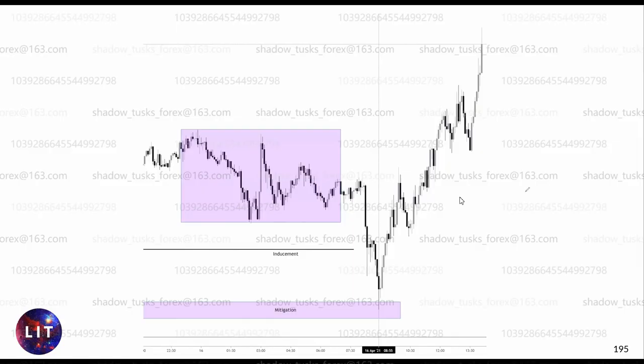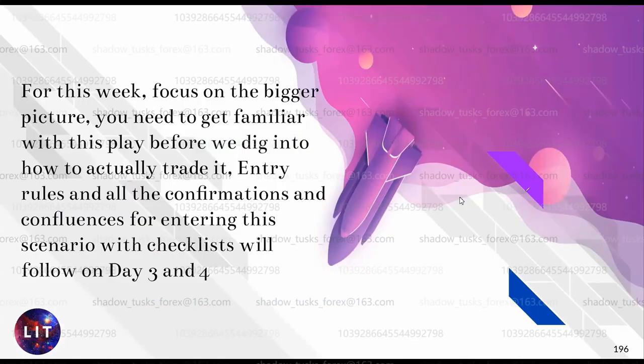Okay? For this week, though, as we have a whole week until the next week, and as we're combining everything, you need to get a feeling for the bigger picture, meaning intraday plays plus the overall structure, how Alex covered it. Okay, but first, focus on intraday and on the bigger picture, like separate it. Don't put everything together yet, because we will do that in day 3 and 4.